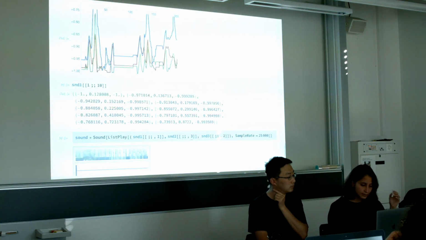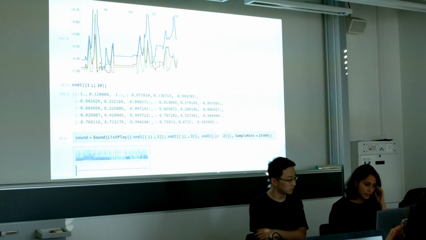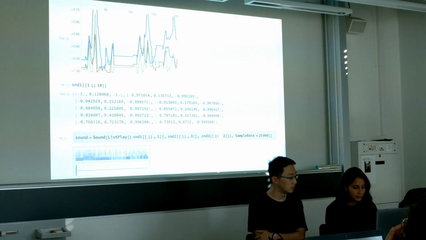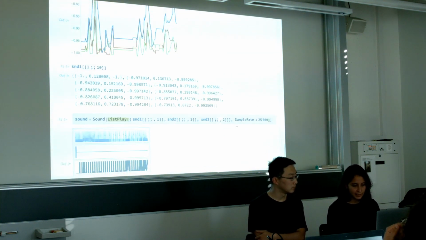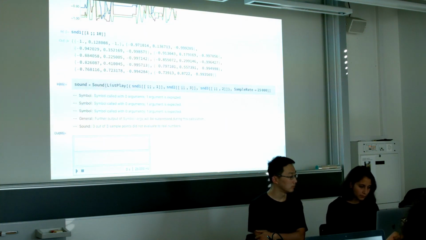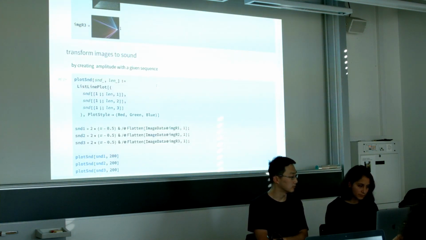If we want to select the sound, let's say one channel for each image, here I select the red value from the first image, the blue value from the second, and the green value from the third, and then I set a sample rate.